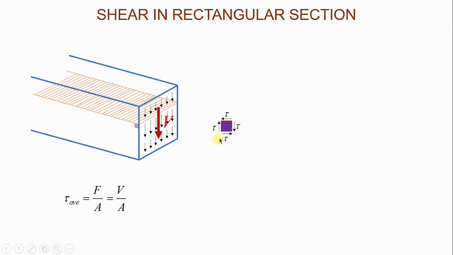Therefore, if you want it to be in equilibrium, on this side you will want your shear stress to be up, and on this side, if it is down, at the bottom here it must be to the right, and therefore on the horizontal plane on top here, where we're trying to find our shear stress, it must be pointed in that direction. This is just for the sake of you to understand what is really meant when they ask you to find the shear stress at a specific location on the cross section.